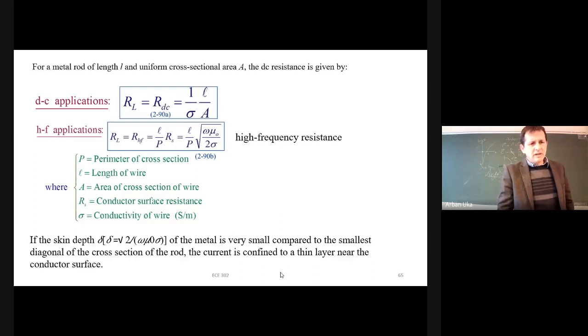Now, for antennas, we have high-frequency applications, and whenever we have high frequency, the resistance can be described with this expression shown here: RHF is equal to the conductor surface resistance times the length divided by the perimeter of the cross-section.